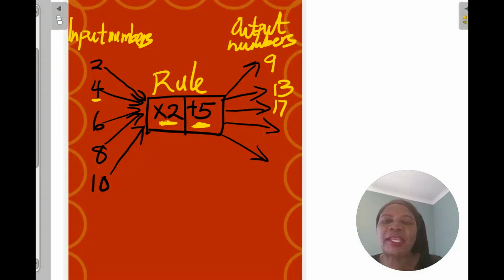The fourth one, 8 multiplied by 2, 16, plus 5, 21. And the last one, 10 multiplied by 2, 20, plus 5, 25. So this is a rule that has two parts, and we just need to go through the two parts of the processing before we write the output value. Let's go on.